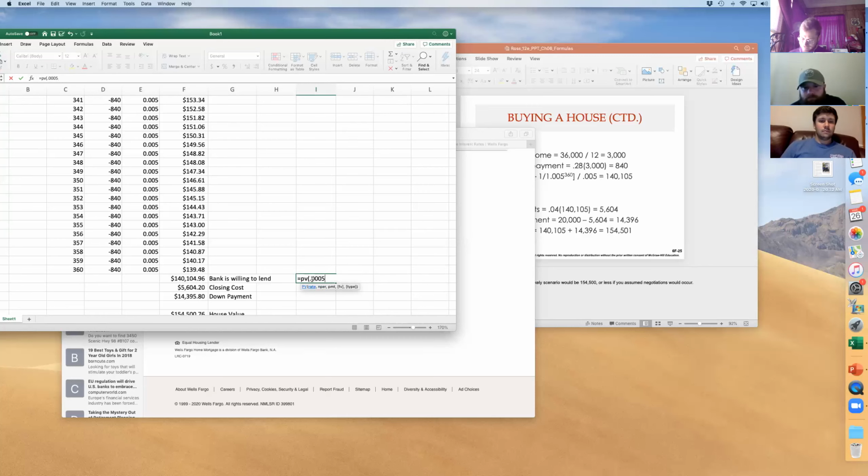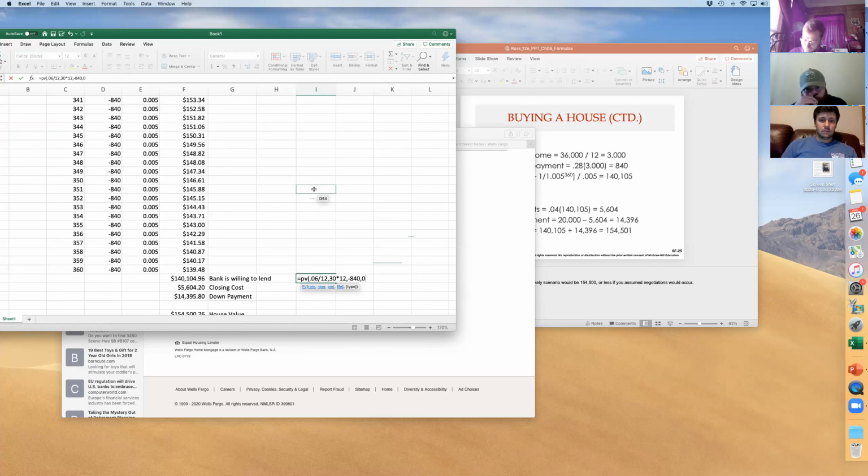And actually what I can do is even put the math straight into the equation. So I can put 6% divided by 12. Then I can put in the number of periods as 30 years times 12. The payment, I calculated to be $840, so I'm going to put in a minus 840.